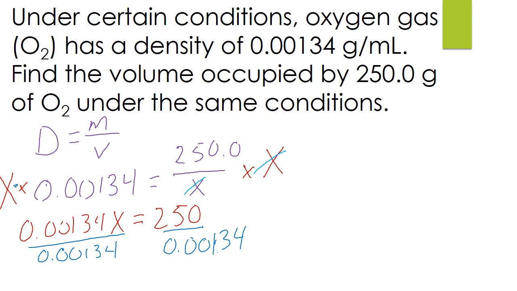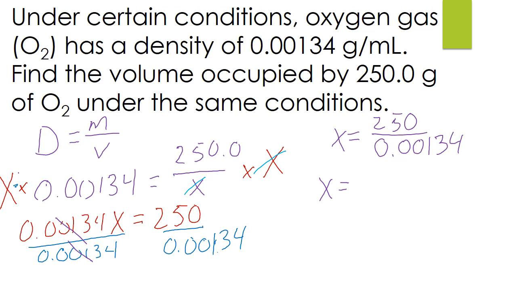Okay, once you do that, this cancels out. And now I can simplify my equation. I'm going to go up here, and I get x equals 250 divided by 0.00134.